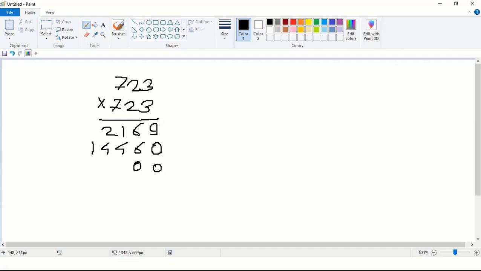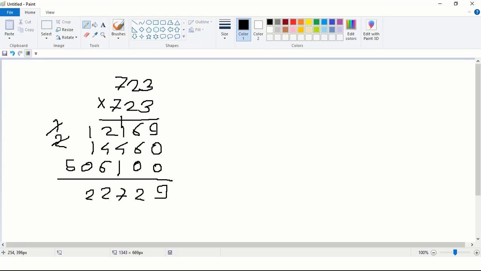Now 7 into 3, 21, 7 into 2, 14, 14 plus 2, 16. 7 into 7, 49, 49 plus 1, 50. So the final output will be the sum of these numbers, which is 9, and 12, 4 5 6 7 6 and 4, 10, 10 plus 2, 12, 1 plus 1, 2, and 5 as it is.